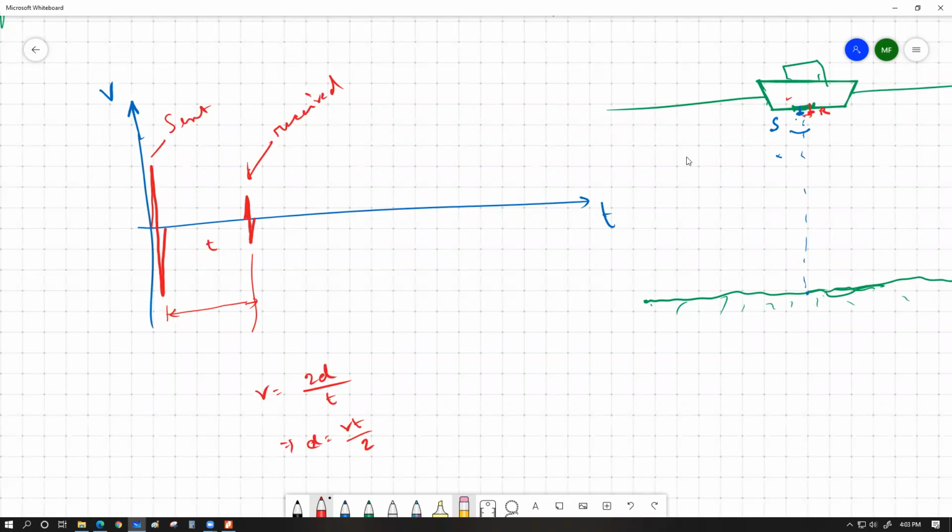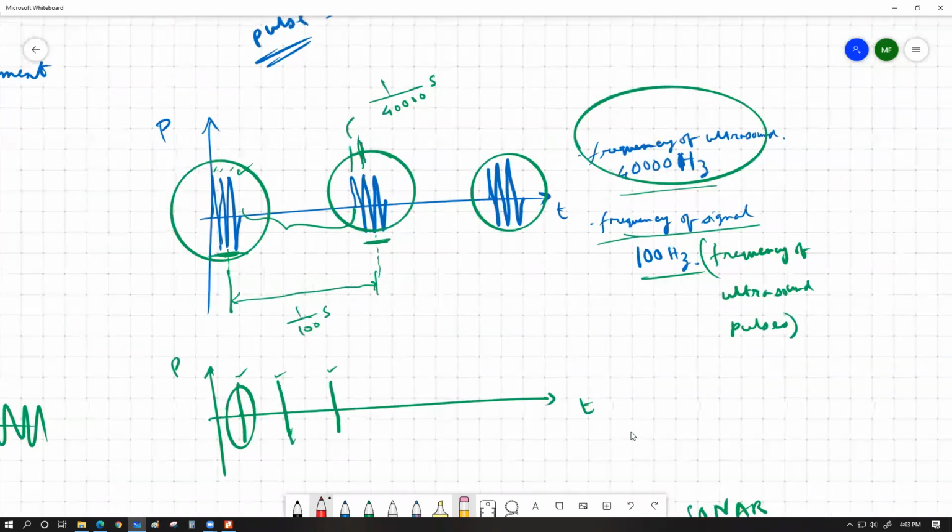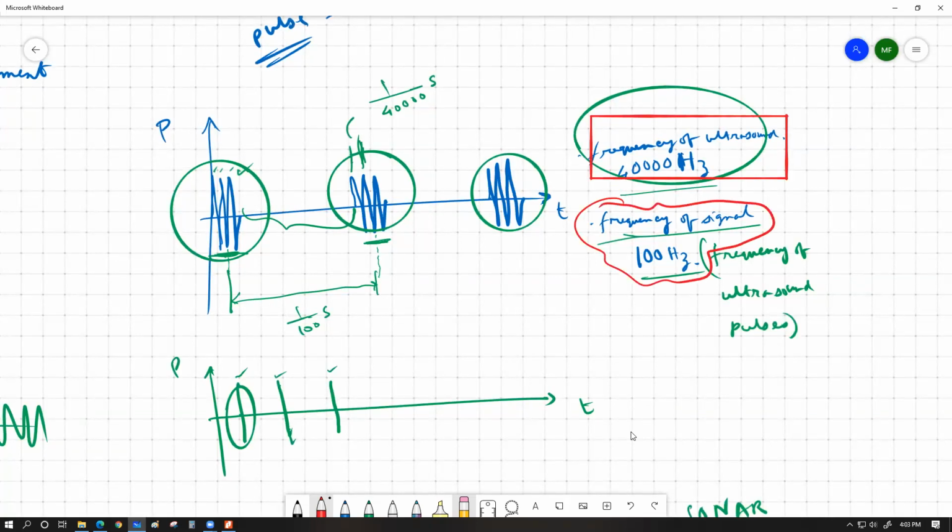This means the machine keeps on sending a certain frequency of ultrasound, where the frequency of the signal can be changed by the operator at sea as per their requirement, which means they can control how often the pulses should be sent. And usually for a regular device, this is fixed.